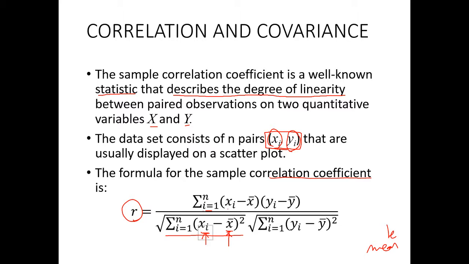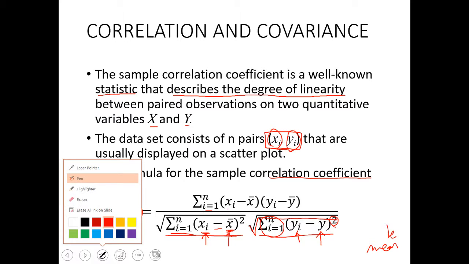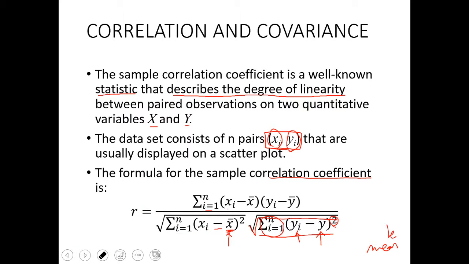So the observed sample minus the sample mean, squared, and summate them all. And here is also the observed sample y minus the sample mean, squared, and summate them all and take the square root. Then we have the correlation coefficient.